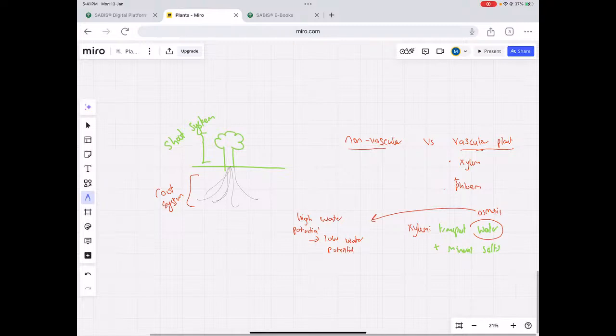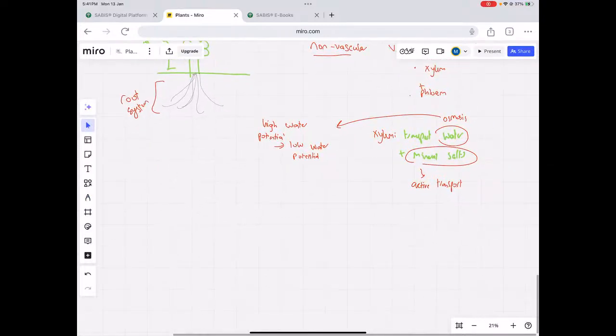For mineral salts, remember we said it's by active transport. What do we know about active transport? It needs ATP, so it needs energy, and it goes against a concentration gradient.